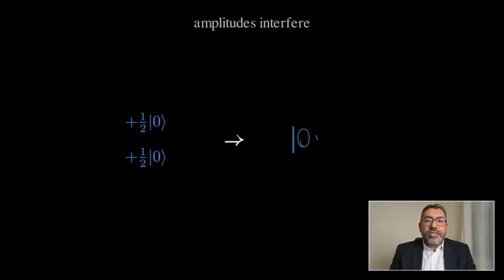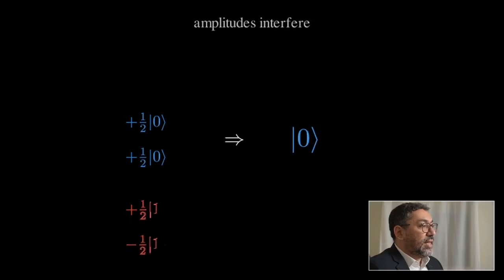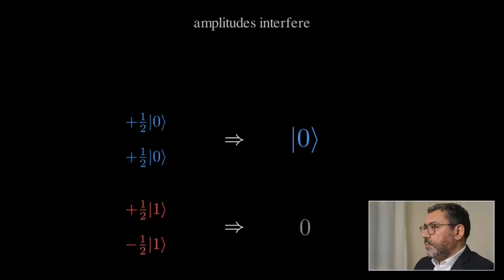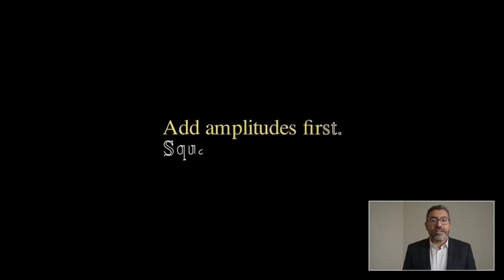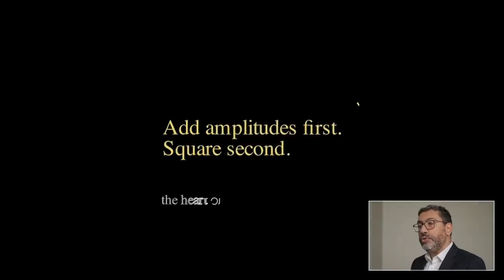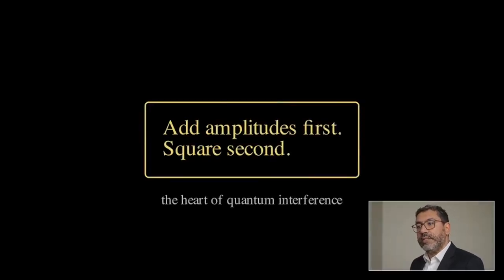This happens because the amplitudes combine in a way that cancels the 1 result and strengthens the 0 result. This is interference in mathematics. Amplitudes add first, then probabilities are calculated. This is one of the most important ideas in quantum computing.